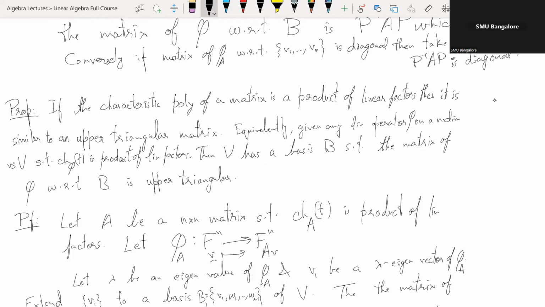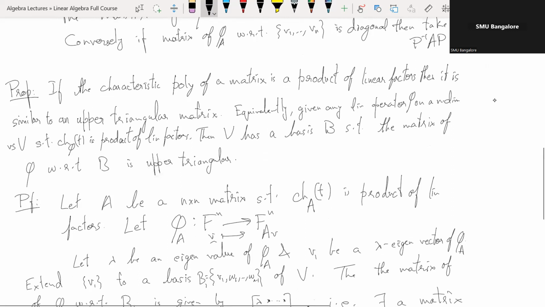Of course, any non-zero vector we can extend to a basis of V, where V here is F^n. So we can extend it to a basis of V and call it w1 to w_{n-1}.